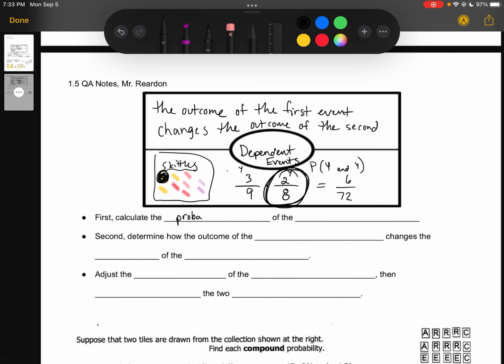So first, we need to calculate the probability of that first event. And then second, we have to determine how the outcome of the first event changes the probability of the second event.